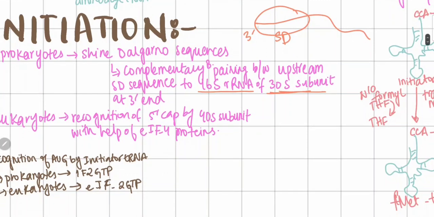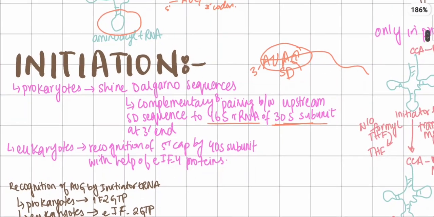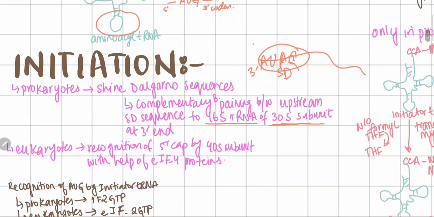They are just like random AU stuff, or GAU, GC stuff, and that is basically complementary to the mRNA, and they bind, and then they recognize AUG. They are like 20 to 30 bases up the mRNA. The Shine-Dalgarno sequences are on the mRNA, I'm sorry, not on the ribosomal RNA. SD are present on mRNA, and then the 16S are complementary to that.